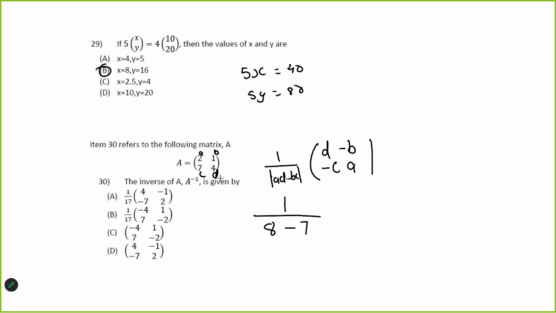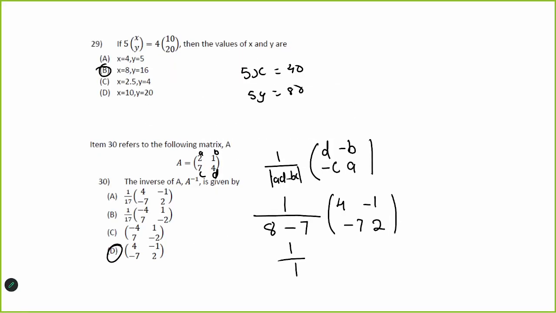Hold on. 4 2s are 8. 1 by 7 is 7. And then we interchange A and D. So 4 is on top here, 2 is at the bottom here, and then minus 1, minus 7. So we know the answer would be 4, negative 1, negative 7, 2. The answer would be D.